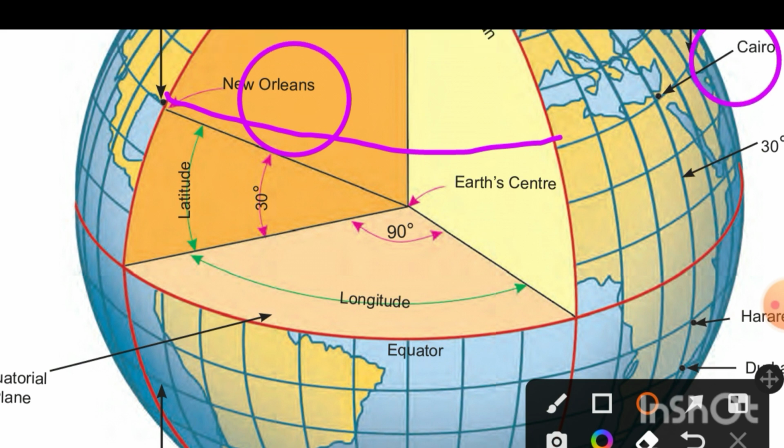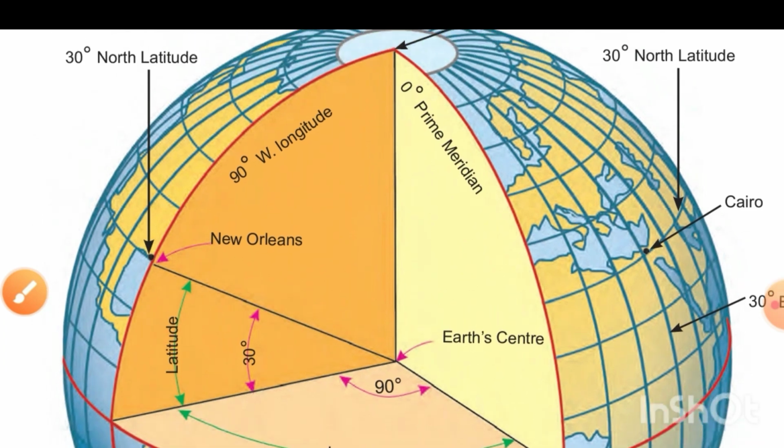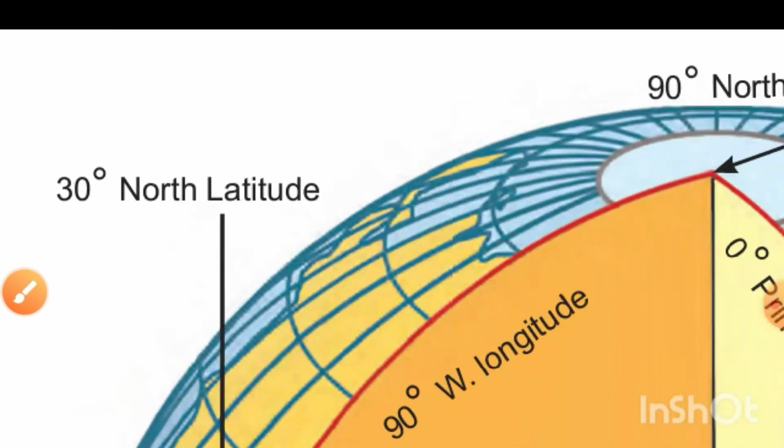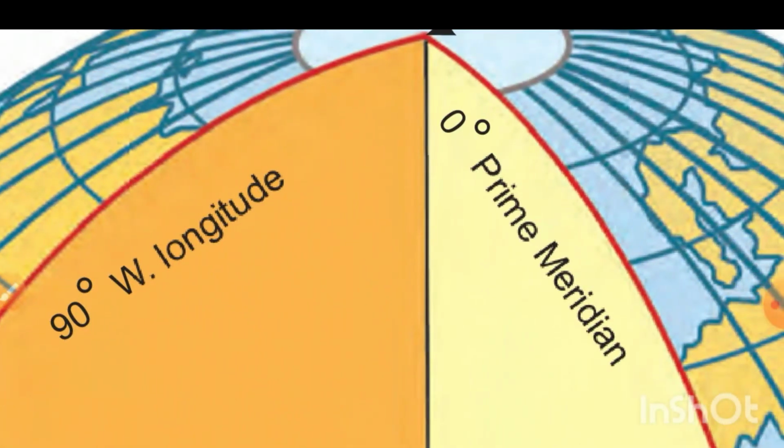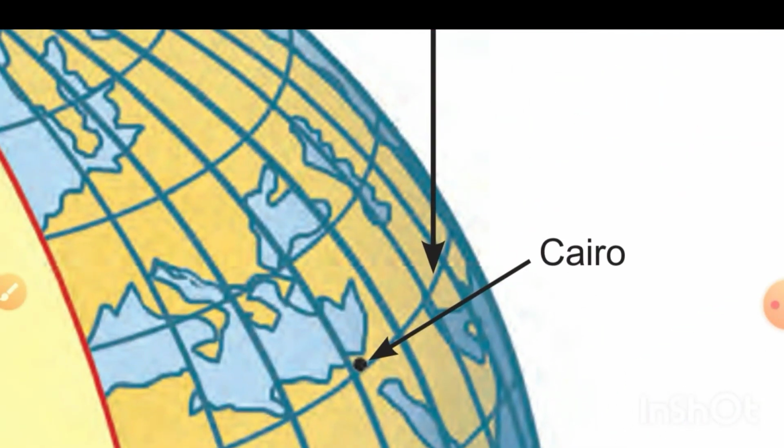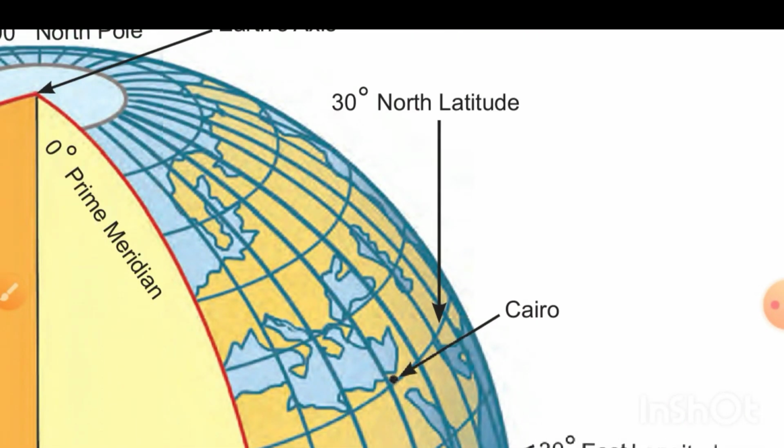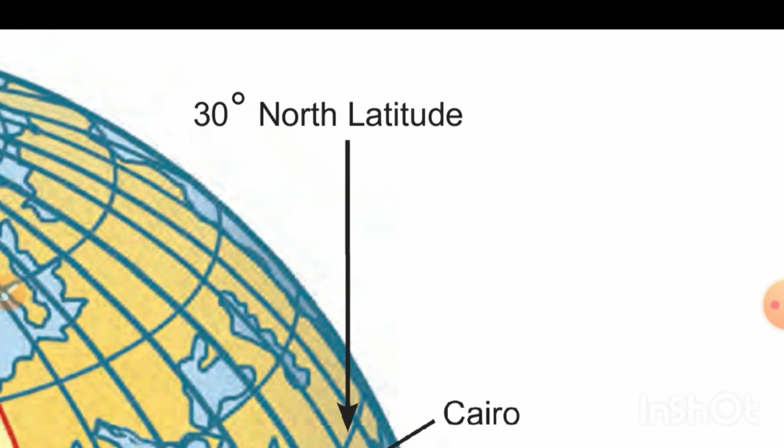New Orleans is in America, Cairo is in Africa, so both places are in different countries. Still, if I ask you what is the latitude of New Orleans, you will say 30 degree north latitude, and exactly the same for Cairo. It is located at 30 degree north latitude.